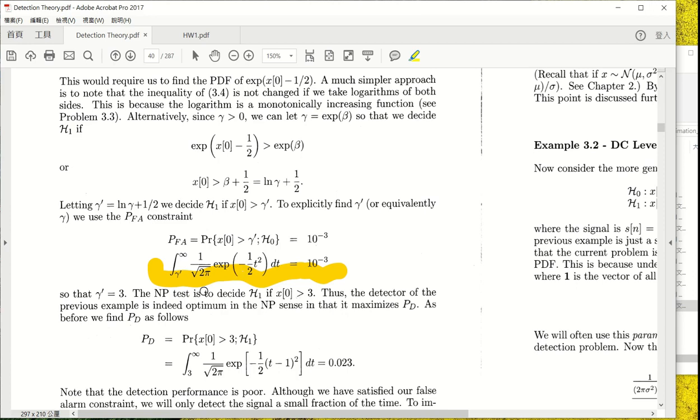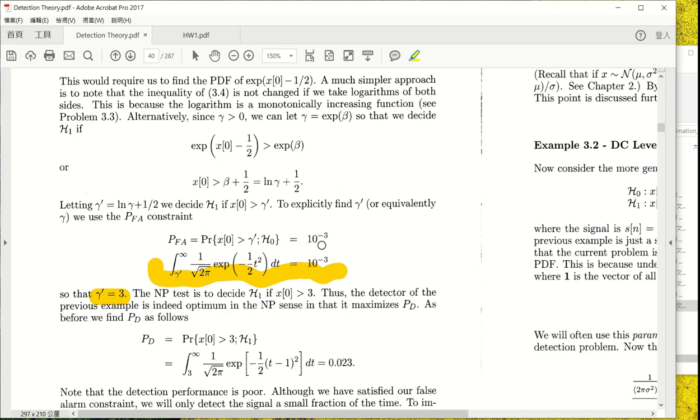So now you may be wondering, how come we know x larger than 3 will contribute to PFA equal to this? This is not a coincidence. Gamma prime equal to 3 corresponds to 10 to the minus 3. This correspondence is by calculation and numerical approaches.